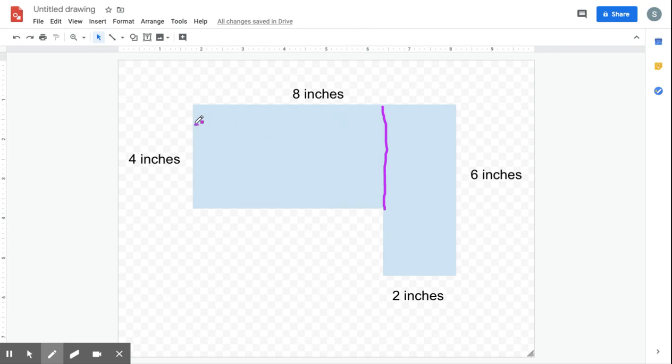Area means I am trying to put as many of these little unit squares as I can. Since our units are inches, I'm trying to put 1 inch by 1 inch squares and figure out how many I need to fill the shape up. All right, so let me clear this off and we're going to practice. Let's do area first.